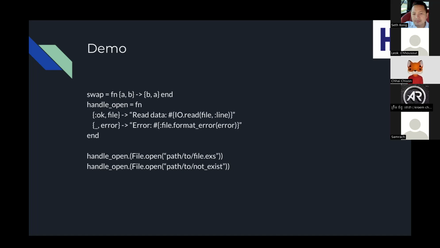Then you say read data, use interpolation in a string and call a function called IO read file, and then you read the line or whatever that function does. I have not checked the whole documentation for what read file does, but it looks capable of reading a file from end to end or any number of lines. But it's just my guess.